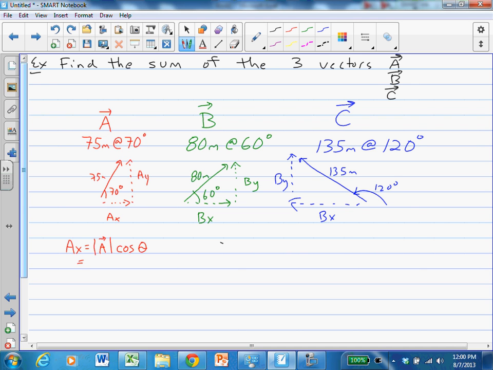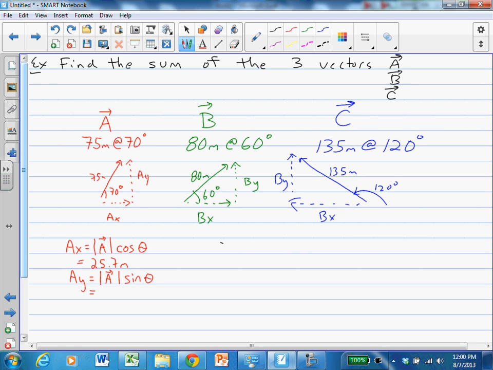And AY was A sine theta, 75 times the sine of 70 degrees, or 70.5 meters.